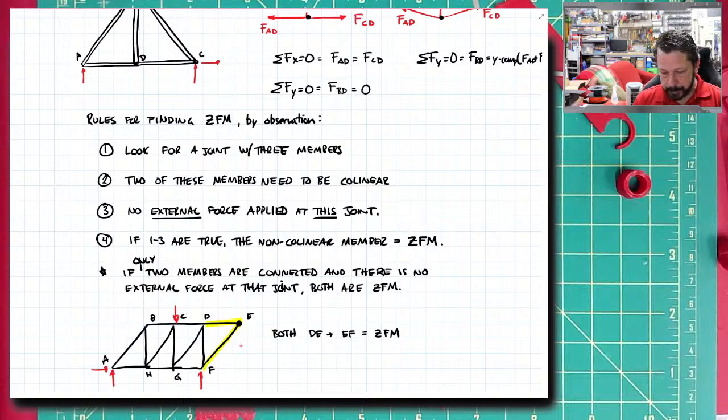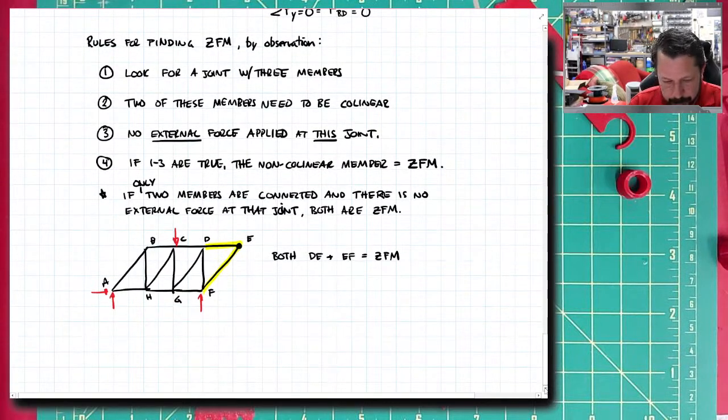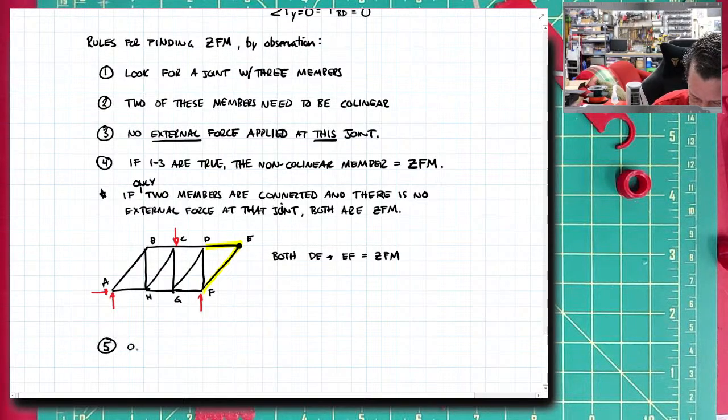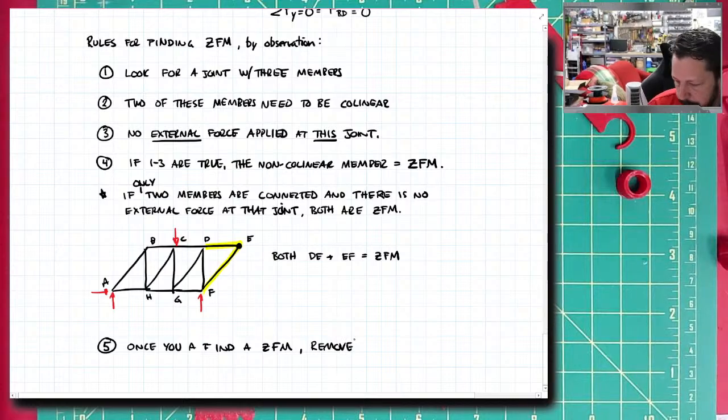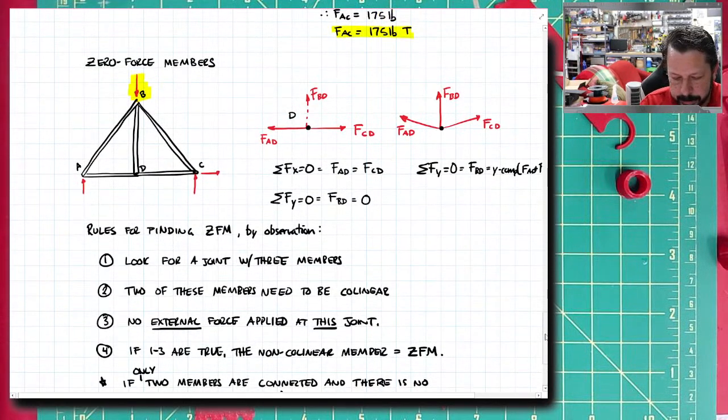The other thing, one last thing on this, is that once you find a zero force member, you should go back to step 1. So I'll write maybe down here, number 5. Once you find a zero force member, remove it, maybe make it a dotted line or circle it, something to make you remember that it's a zero force member.